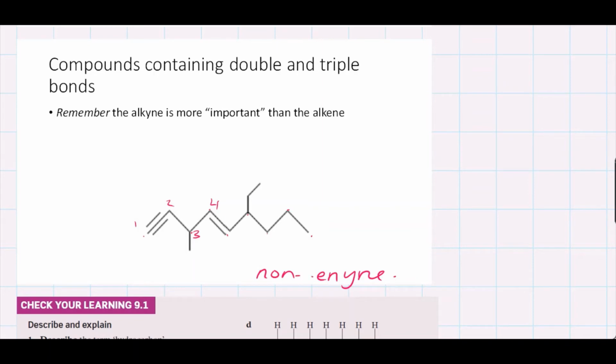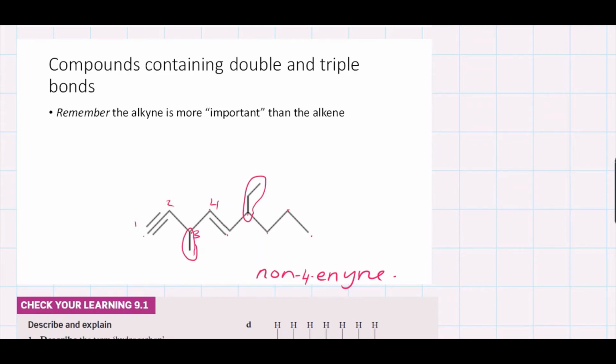That double bond is on number 4. I don't have a number for the triple bond because it is starting on carbon number 1. And the same rules apply, you don't have to put 1s in there. So non-4-en-1-yne. It has 2 branches. The first branch is a methyl.